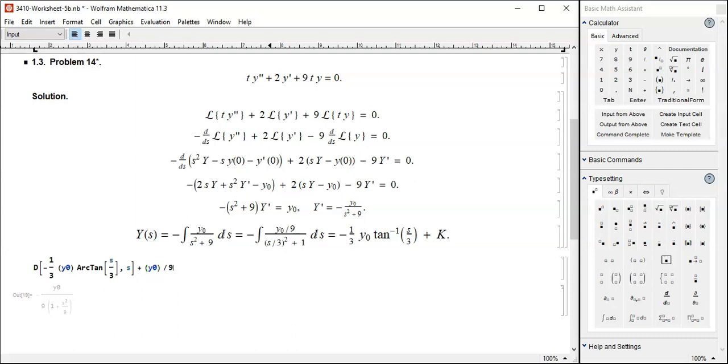I can go all the way back over here, and okay, all right. This is the correct antiderivative computation, and the detail is left to the students.